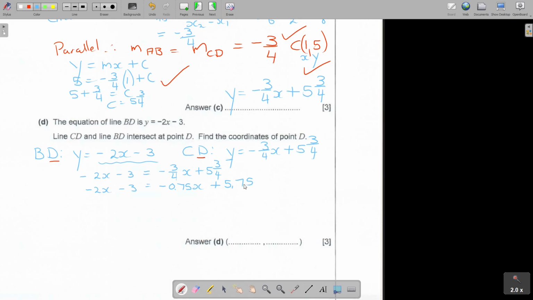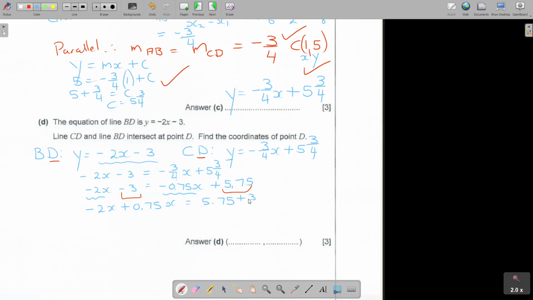Okay, so basically I'm just going to take the like terms to the same side. And I'm going to take this to the other side. So let's just start there. I'm taking that 0.75x and the 5.75, and I'm taking the 3 over, so it's plus 3.